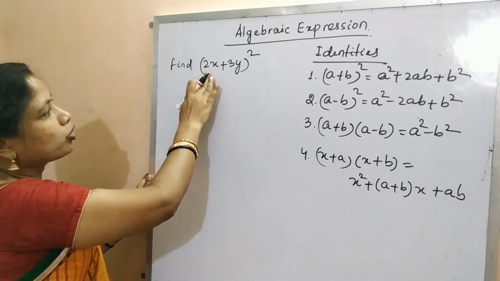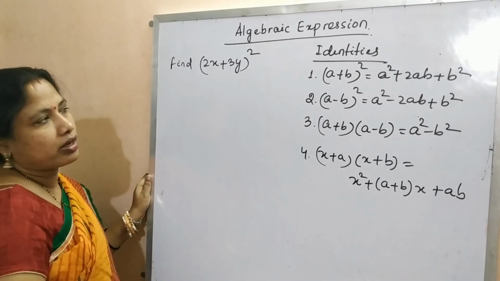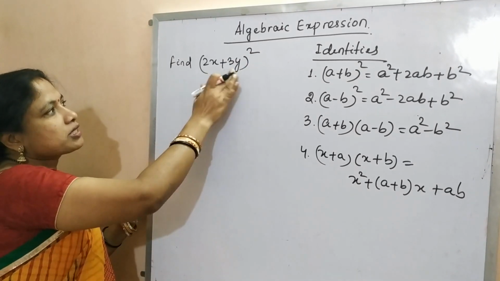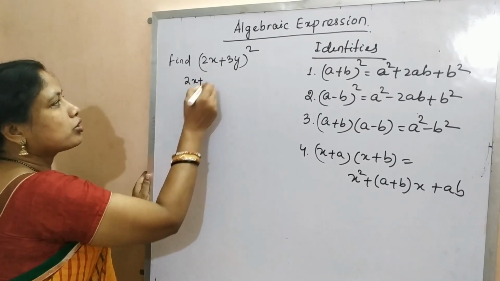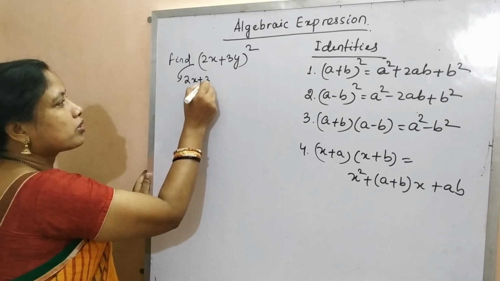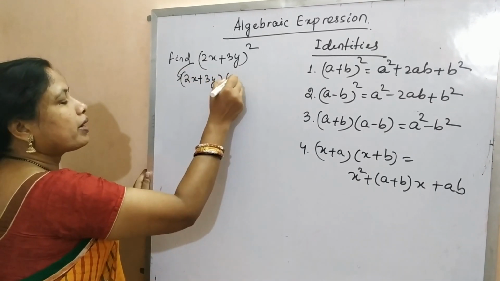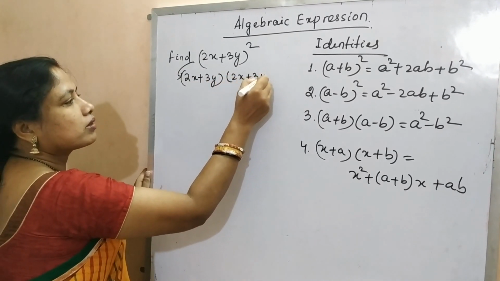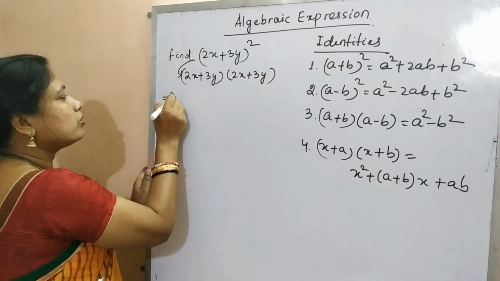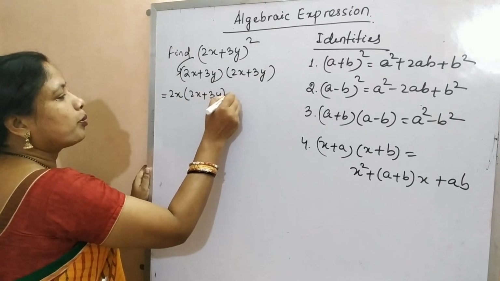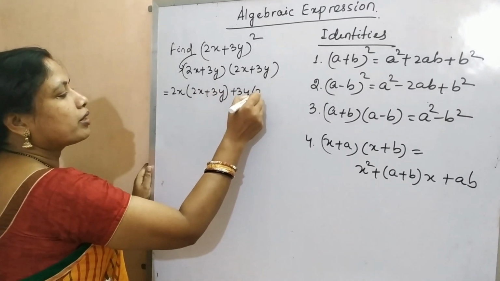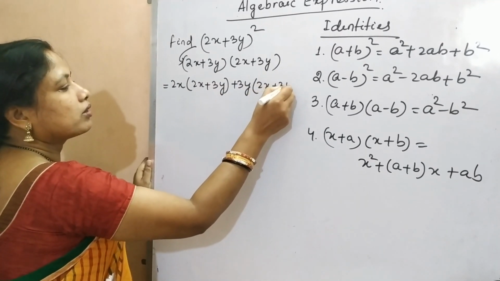Next example, (2x + 3y) whole square. So we can multiply this binomial directly also. So (2x + 3y) whole square is equal to (2x + 3y) multiplied with (2x + 3y). So this is equal to 2x multiplied with (2x + 3y) plus 3y multiplied with (2x + 3y).